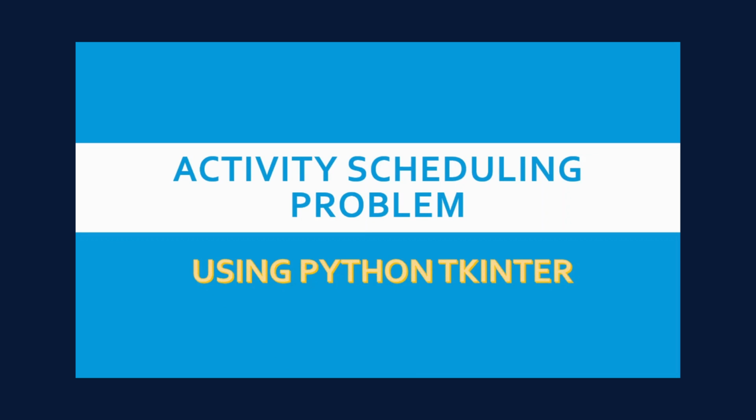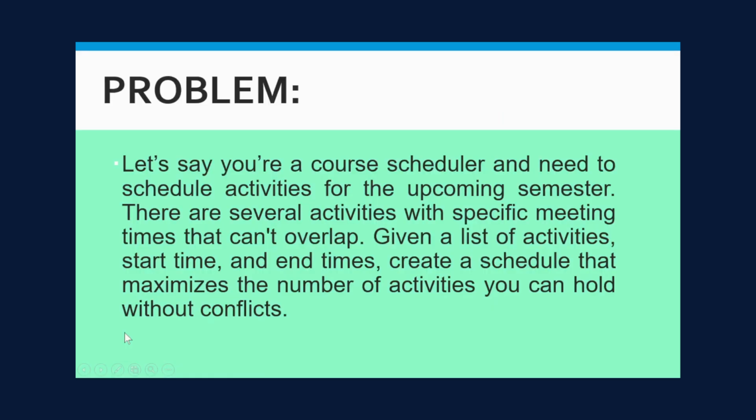Now, what exactly is the task that you're going to do related to this problem? Let's say you're a course scheduler and need to schedule activities for the upcoming semester.